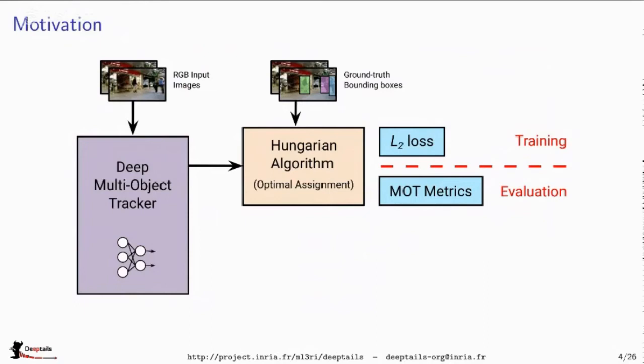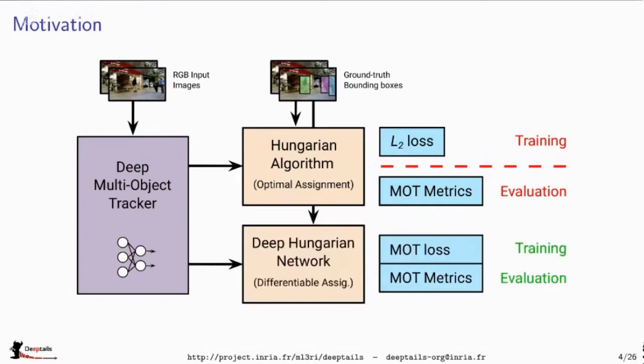The problem here is that there is a discrepancy between the loss that is used at training, which is the L2, and the metrics that are used for evaluation. So what we would like is a system that approximates these multiple object tracking metrics, and therefore defines multiple object tracking losses that we can then use to train our deep multiple object tracker.